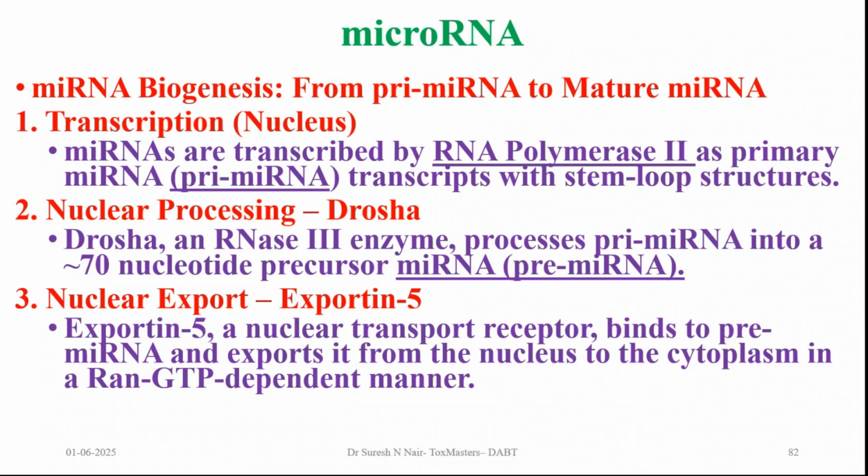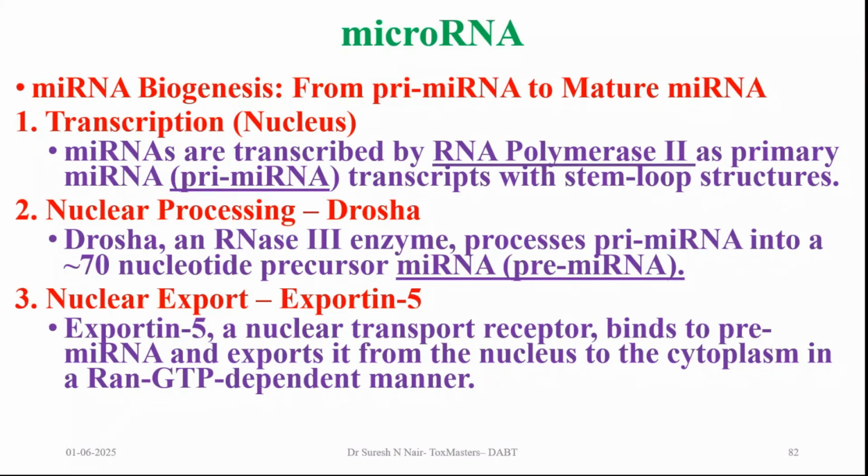So the microRNA is actually synthesized as the primary miRNA, or primary microRNA, by RNA polymerase 2, and it is processed within the nucleus with the help of an enzyme named DROSHA, which is an RNase 3 enzyme, which processes the primary microRNA into a 70 nucleotide precursor, that is pre-miRNA.